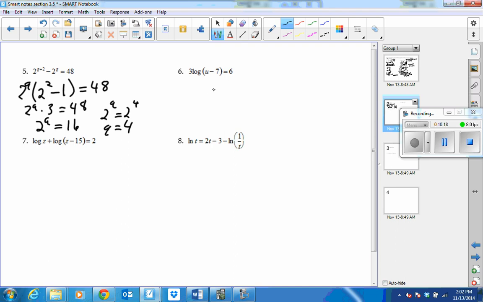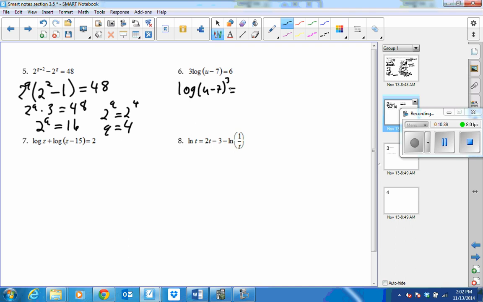Okay, the next one. Let's change this. We need to change this so that we have log base 10s on both sides. So right now, this one is a log base 10. So we're going to have log base 10 of u minus 7 to the 3rd power.